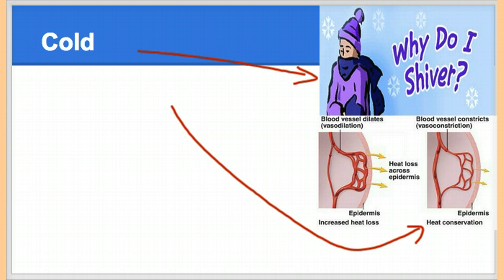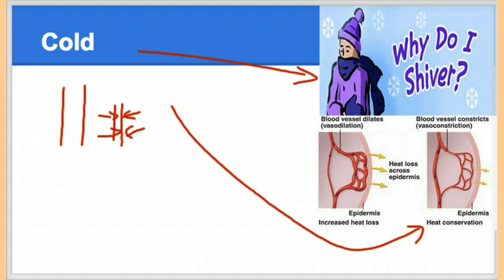To constrict means to become narrower. So this is the size of your blood vessel, and it will become much smaller. The reason is that it wants to trap the heat so that it can keep your body warmer whenever it is a cold condition.